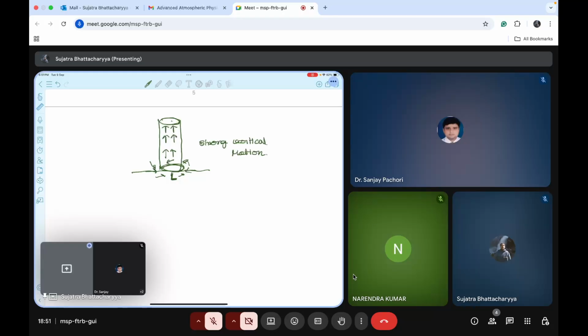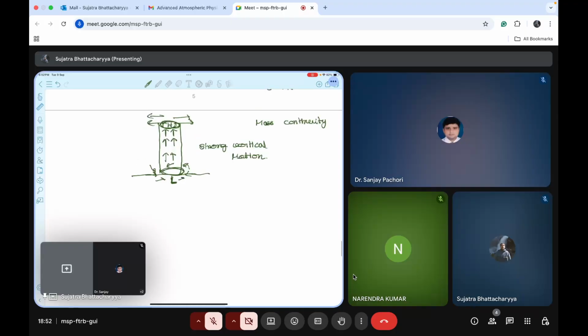And at the upper atmosphere, there will be divergence. It has to happen. And if there is a divergence, there will be a high. This will happen because of the mass continuity. Why? Because if in the upper atmosphere there is a low and in the lower atmosphere there is a low, then there is a convergence here and a convergence here.